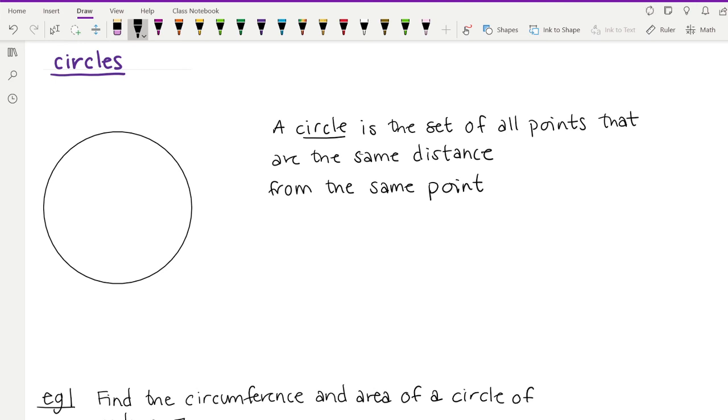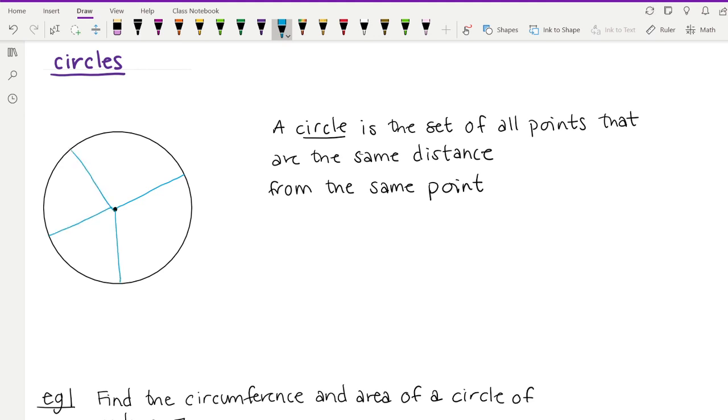So what do I mean by that? Well, if you take a circle and you mark down where the center is, and I don't think I did the best job, that still doesn't look quite right, but close enough. So if you take the center and you measure the distance from the center to any other point on the circle, like this, no matter where you draw that distance, it's always going to be the same, right?